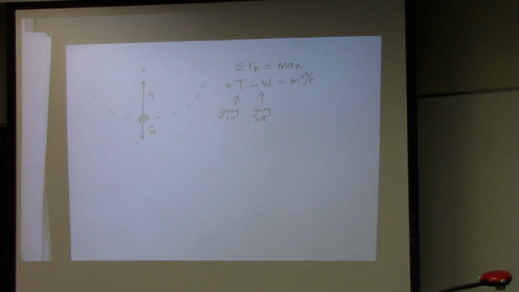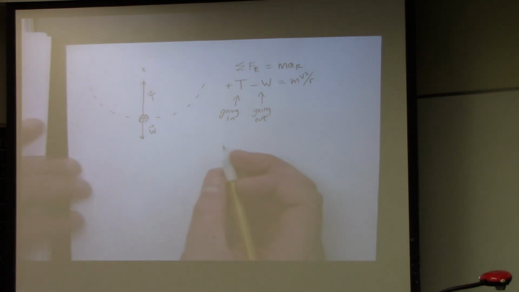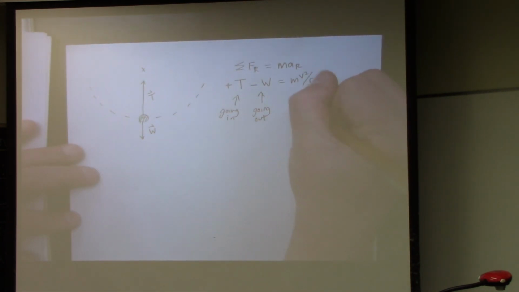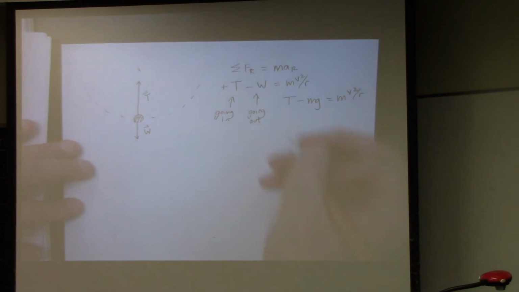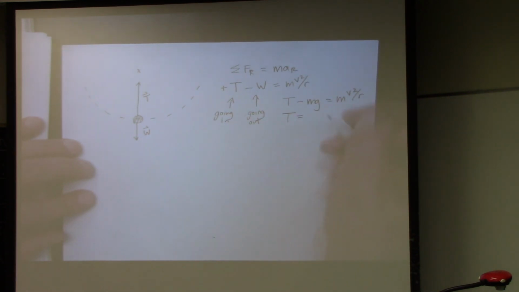What we're trying to figure out here is the tension. So I have tension minus weight, which is mg, equals m times v squared divided by r. We're solving for the tension, so just add mg to both sides to isolate T. And we have T equals mg plus mv squared divided by r.